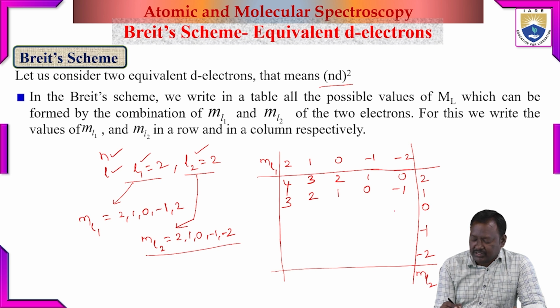Third line: 2 plus 0 is 2, 1 plus 0 is 1, 0 plus 0 is 0, minus 1 plus 0 is minus 1, minus 2 plus 0 is minus 2. Fourth line: 2 plus minus 1 is 1, 1 minus 1 is 0, 0 minus 1 is minus 1, minus 1 minus 1 is minus 2, minus 2 minus 1 is minus 3.